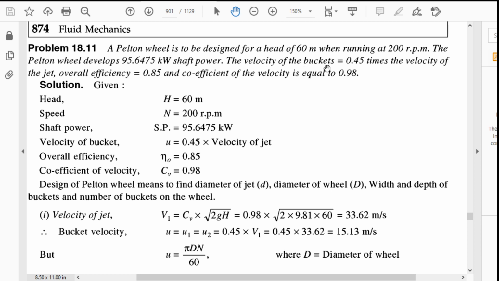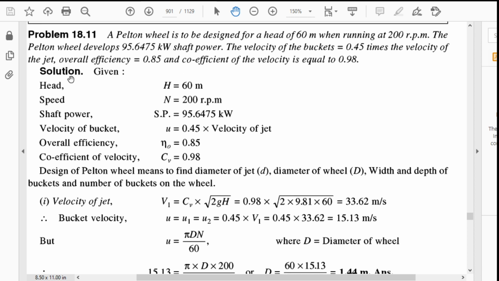The velocity of buckets equals 0.45 times the velocity of jet. Overall efficiency equals 0.85, and coefficient of velocity equals 0.98.